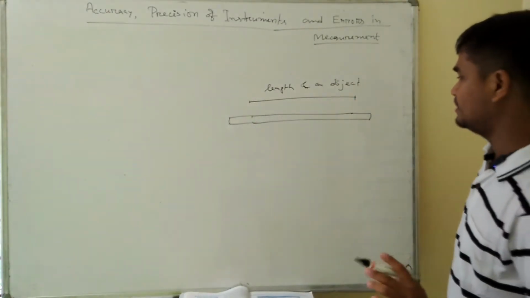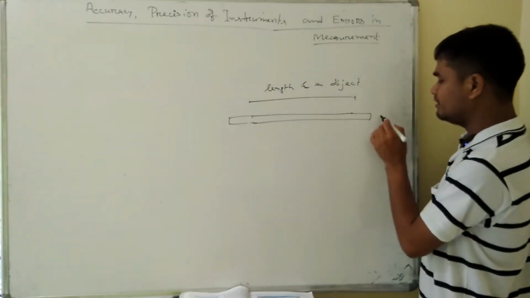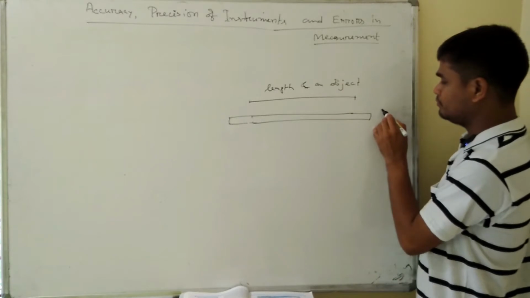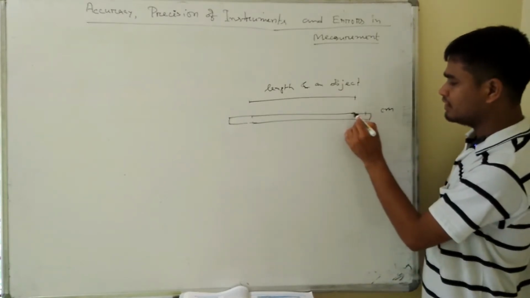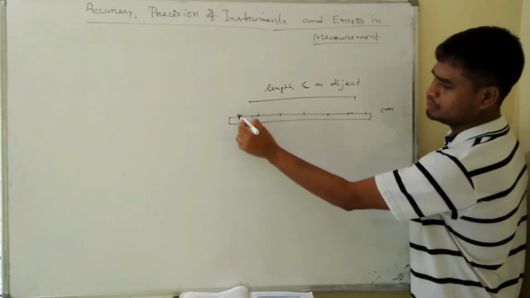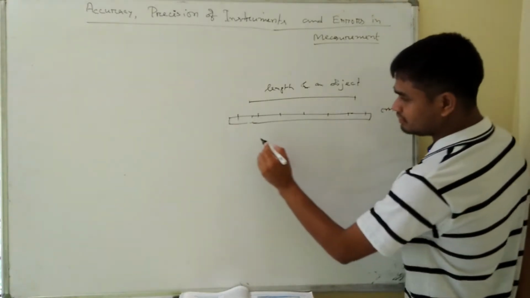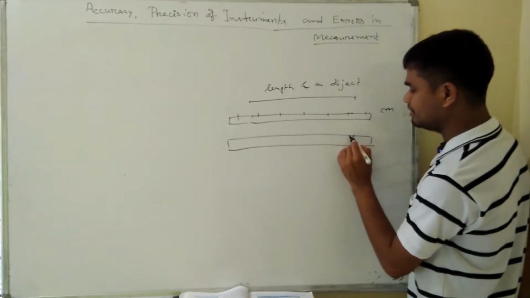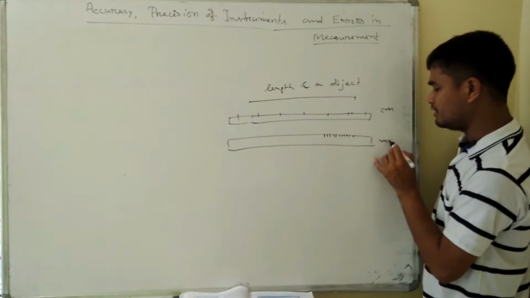First, you are given a scale having centimeter cut marks. This is in the centimeter range. The other scale is given with millimeter cut marks. It is given like this, and this is in millimeter.